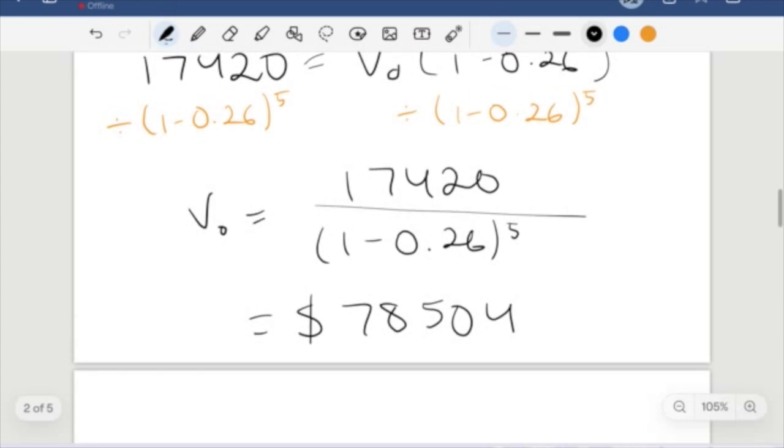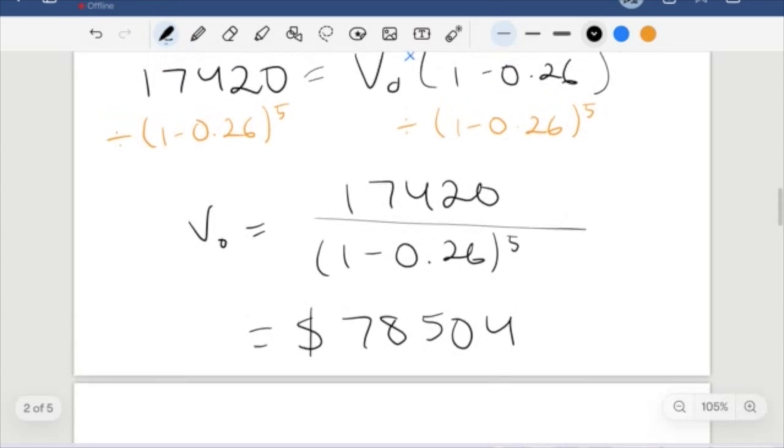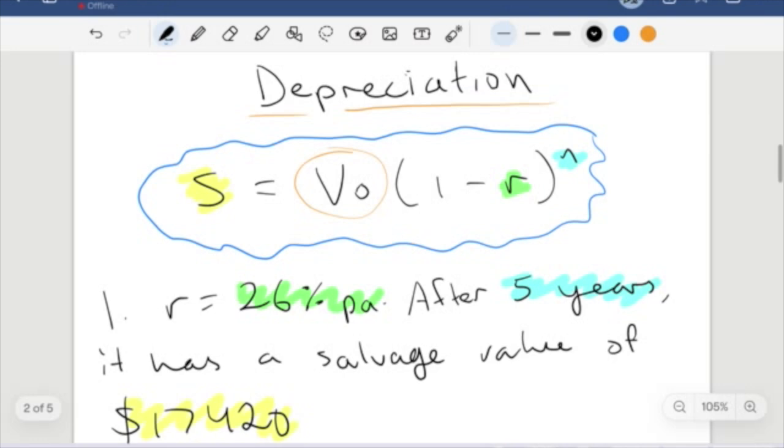And we can double check this answer if you want to by substituting this into this one up here and just check that it gives us the same salvage value that was stated in the question. So really we're just working through this formula, putting in all of the key bits of information and then solving for the particular unknown we're after.